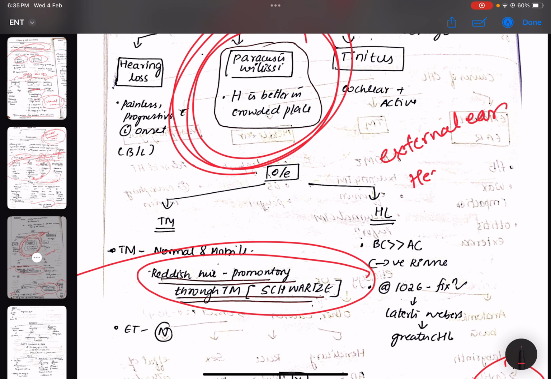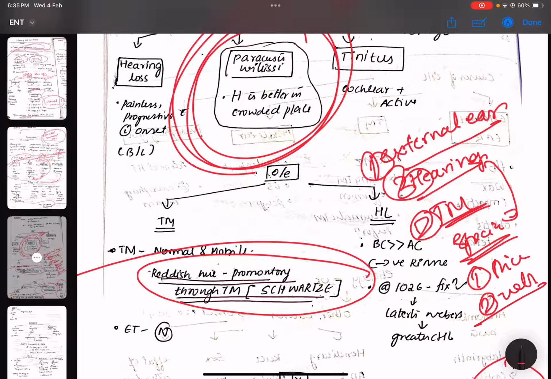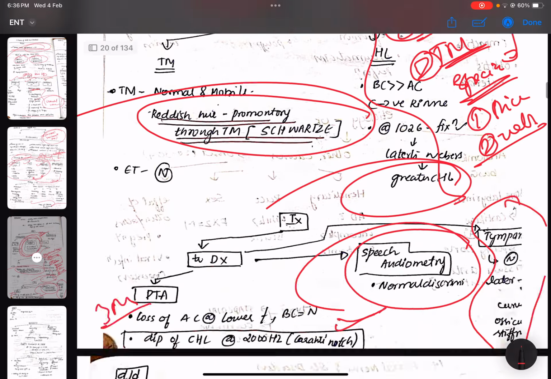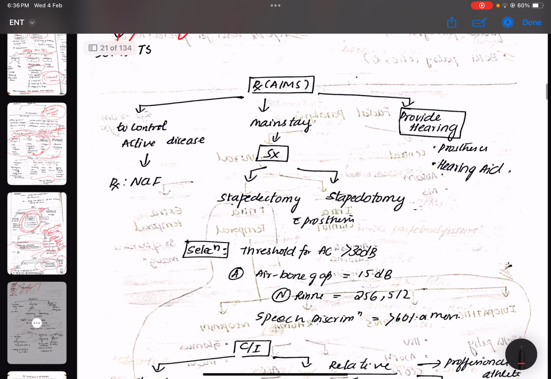Then you have to talk about hearing, then tympanic membrane, then all your special tests under hearing. You can first mention this, next this. Then you have to talk about Rinne's test, Weber's test. Okay, all these things. Since it's a conductive hearing loss, you can present your examination findings accordingly. Again, differential: if it's for a 10 marker you can write it, otherwise it's fine.